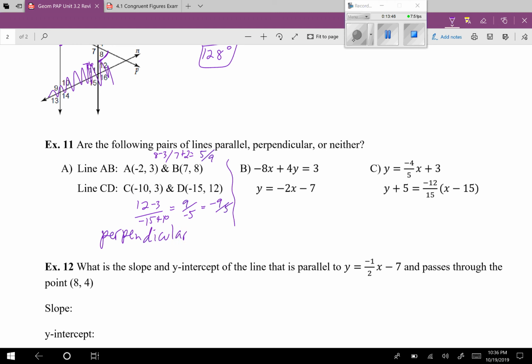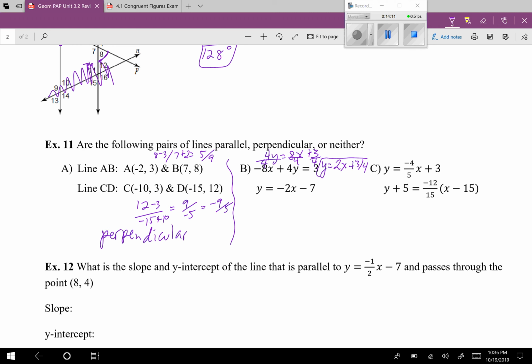Okay, next one. Again, we gotta solve this for y. So this is going to become 4y equals 8x plus 3, and then divide everything by 4. So we get y equals 2x plus 3/4.